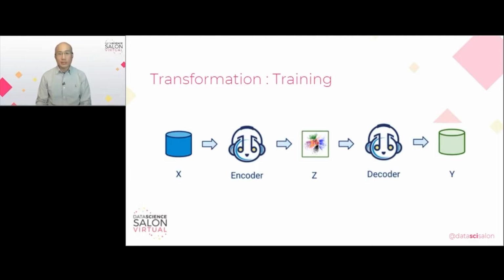This allows us to create from context. For example, we can map X as text to music, which is Y, or we can map a chord progression to music, or we can map a melodic motif to a full musical score.